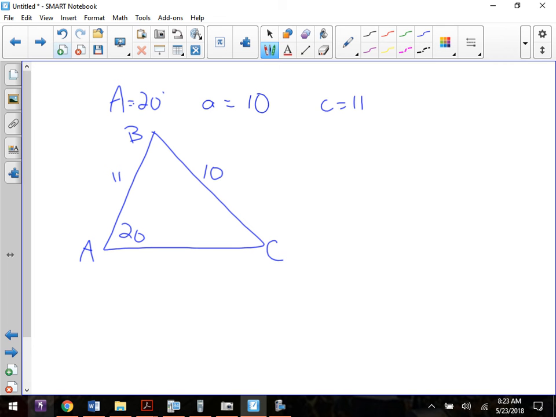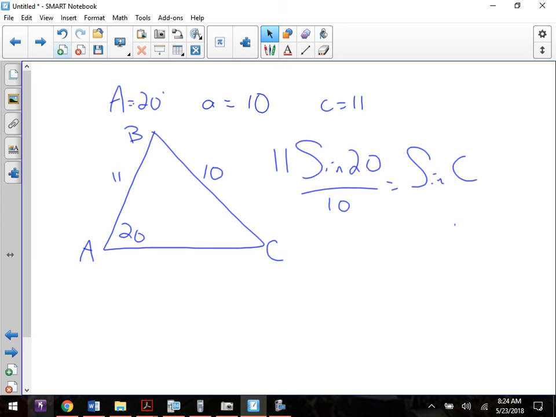Everybody okay with that? So we set it up: sine of 20 is to 10 as the sine of C is to 11. Which means I just move the 11 in front here, and I press buttons.